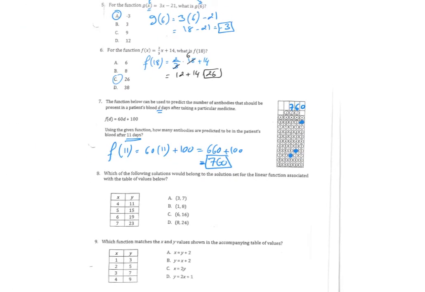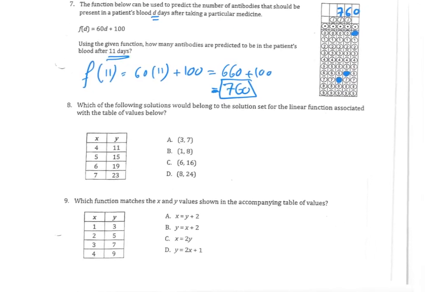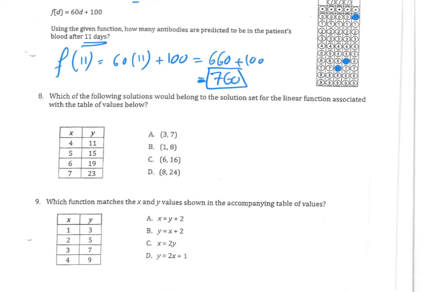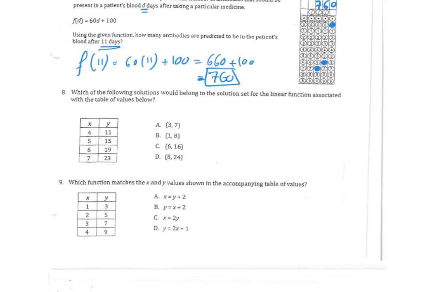All right, so let's do question number 8. Which of the following solutions will belong to the solution set for the linear function associated with the table of values below? Well, first of all, if I want to know which point can be the solution for this table, I need to find the equation that's represented by this table.